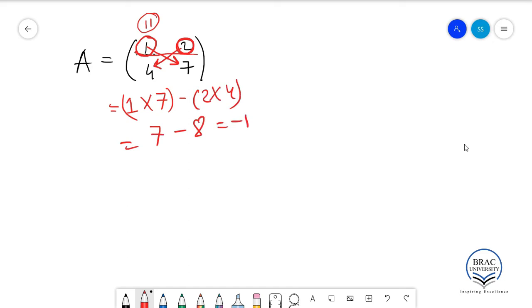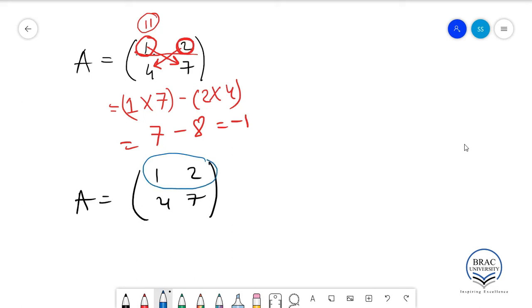So what did we do here? Let's clarify in detail. Let me write this matrix again so that you can see what I actually did. I started working with this row, and when you take this element 1, you have to forget about this row and this column, both of them.